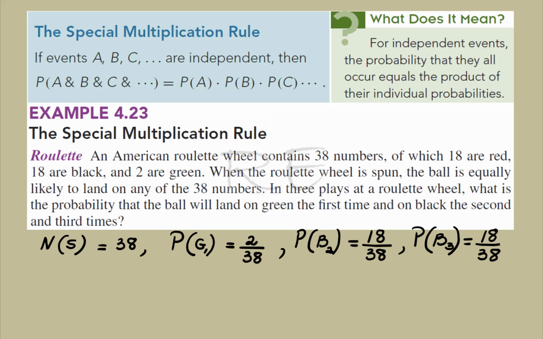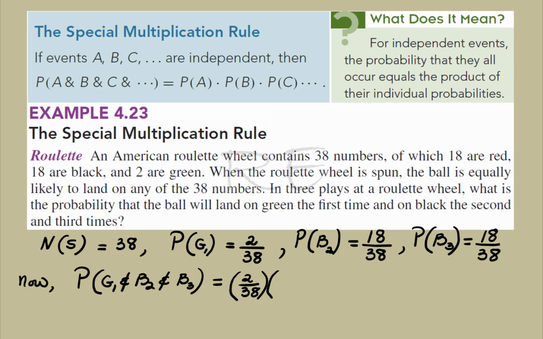Those events are independent events. Now, the probability of getting G1, green first, and a black second, B2, and a black third, B3, will be equal to P of G1, 2 over 38, times P of B2, 18 over 38, times P of B3, 18 over 38.